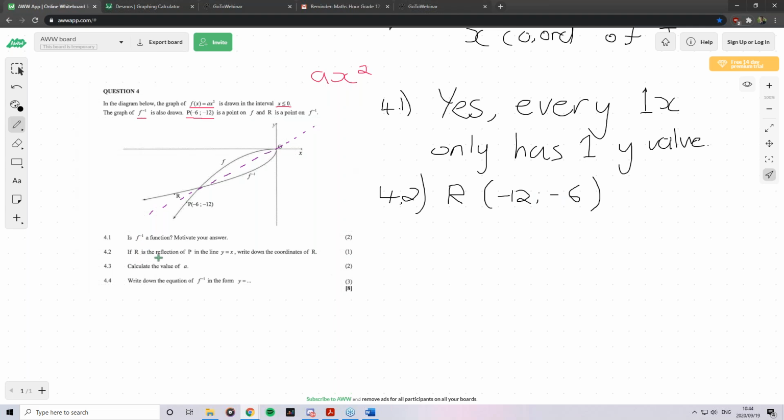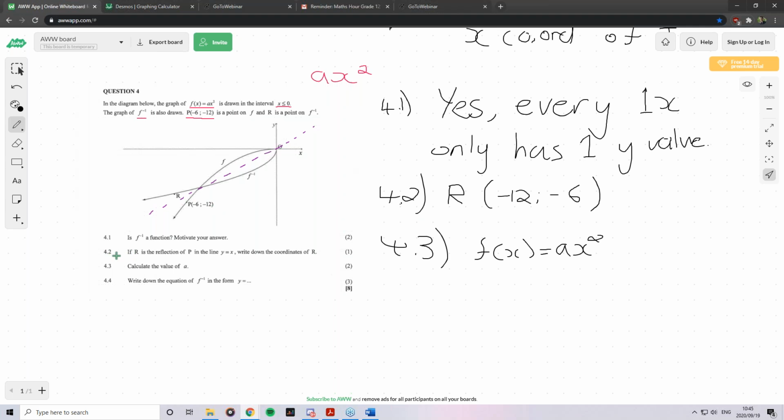If R is a reflection of P in the line, oh, we've already done that one, sorry. 4.3. Calculate the value of a. So a is here, f(x) is equal to ax squared. So let's see what we have now.